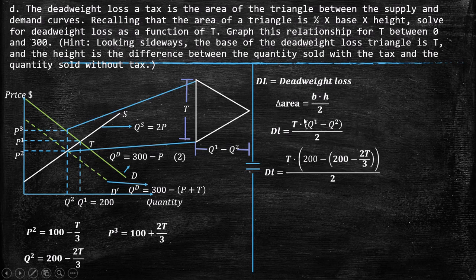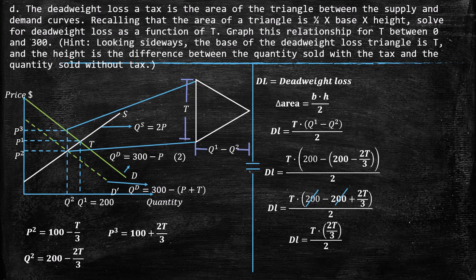We already know the value of Q1, which was the equilibrium in the free market, so it's going to be 200. And Q2 is this value we already found, so we have 200 minus 2t over 3. I open parentheses, and we take care about this minus because it changes the sign. I cancel out, and here I cancel 2 with 2, because remember this 2 multiplies 3 and afterward they cancel. And we have DL equal to t squared over 3.